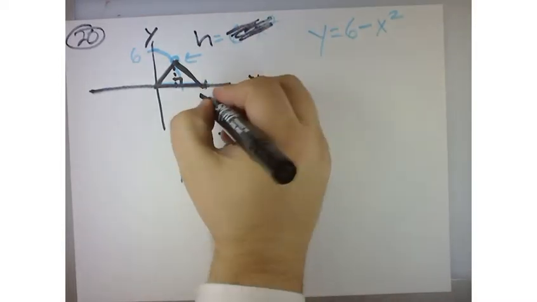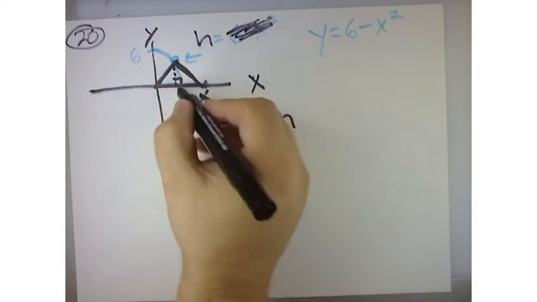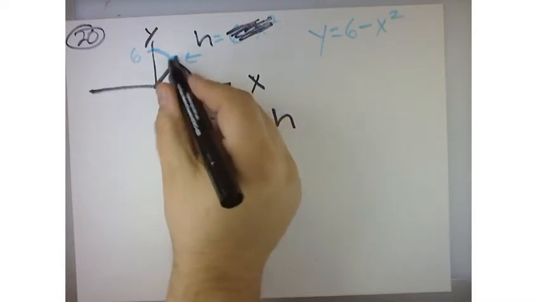If I make this x, what would I call this x value right here?